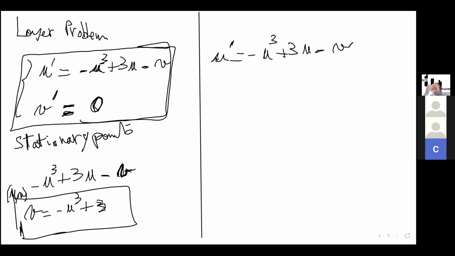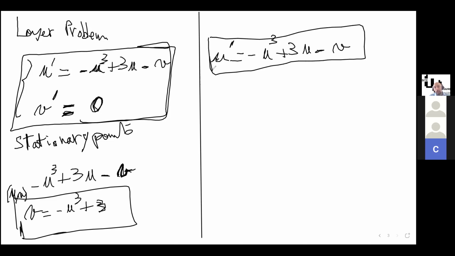So in fact, for every given V, my U is a solution of this equation, right?